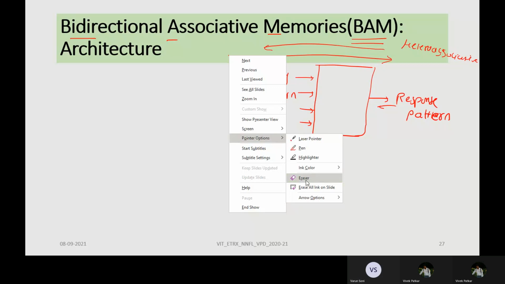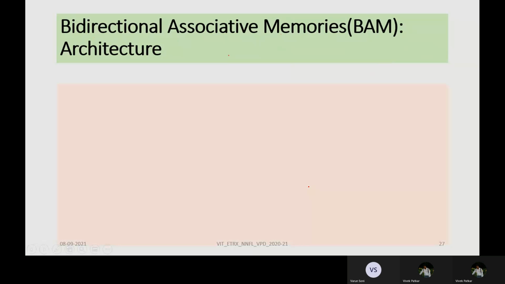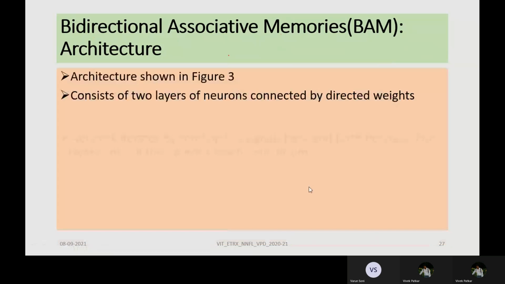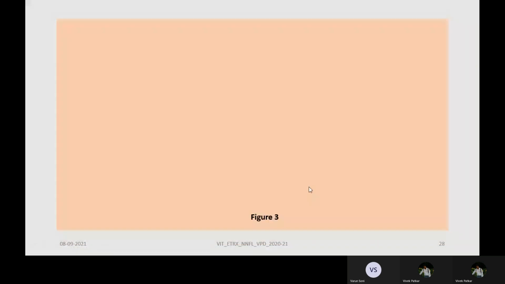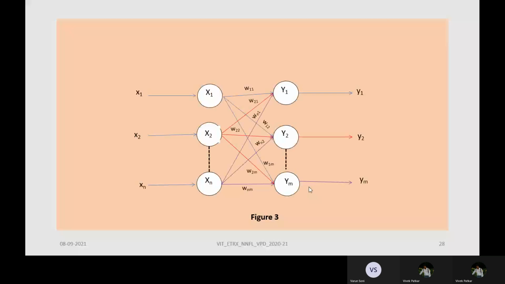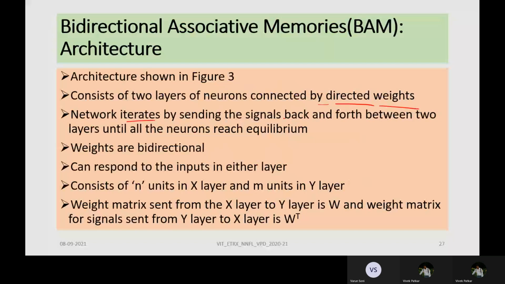Architecture wise, the architecture will be exactly similar to heteroassociative, nothing different. There are two layers connected by weights. The network iterates by sending signals back and forth, from input to output as well as from output to input between the two layers, till there is an equilibrium. Weights are bidirectional and can respond to inputs in either layer.